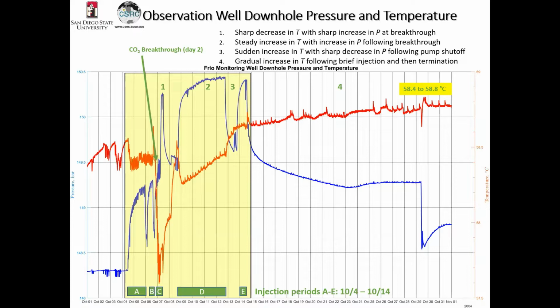What most people thought it is Joule-Thomson cooling, right? We've experienced Joule-Thomson cooling when you have a sudden release of gas into a low pressure or into a vacuum, it's an adiabatic expansion, and you'll have a decrease in temperature, right? So the current theory is at this breakthrough, you have an expansion of the CO2.